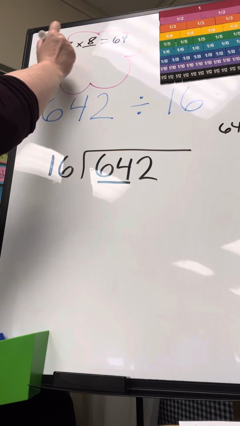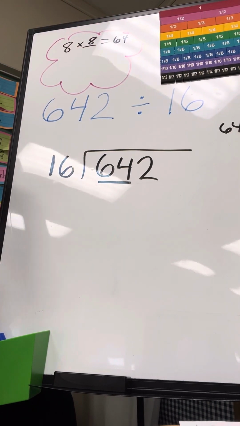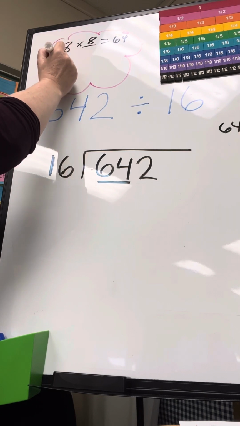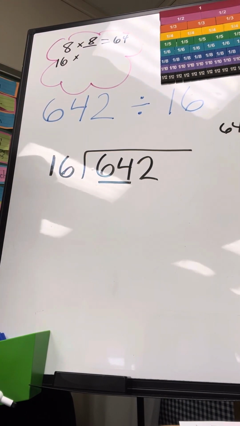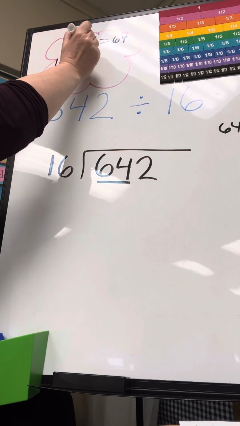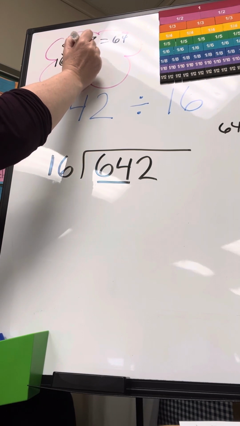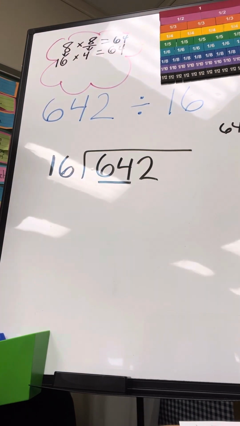So if I have 8 times 8 equals 64, then I know that I could double 8 and I could say 16. Remember I taught you this doubling strategy? I doubled this one, so I'm going to have this one. 16 times 4 equals 64.